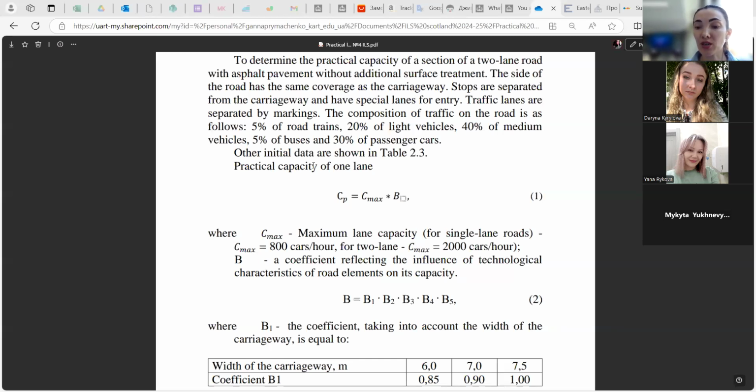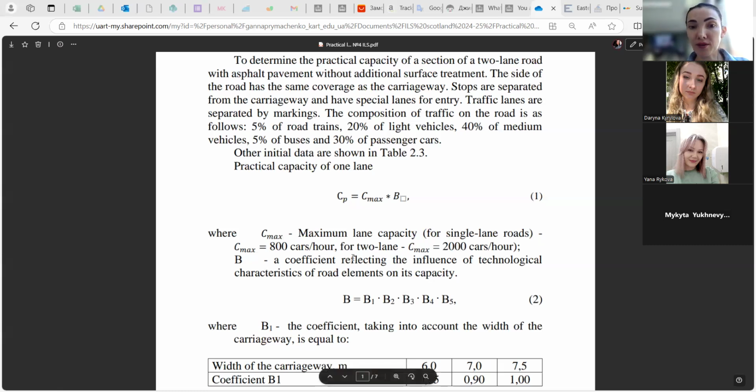So you can write is equal to, we need to find such a parameter as C with index max. What does it mean, we can find this information under our formula with number 1. It is the maximum lane capacity for a single lane road, but we don't need a single one because we need to find the capacity for a 2-lane road.